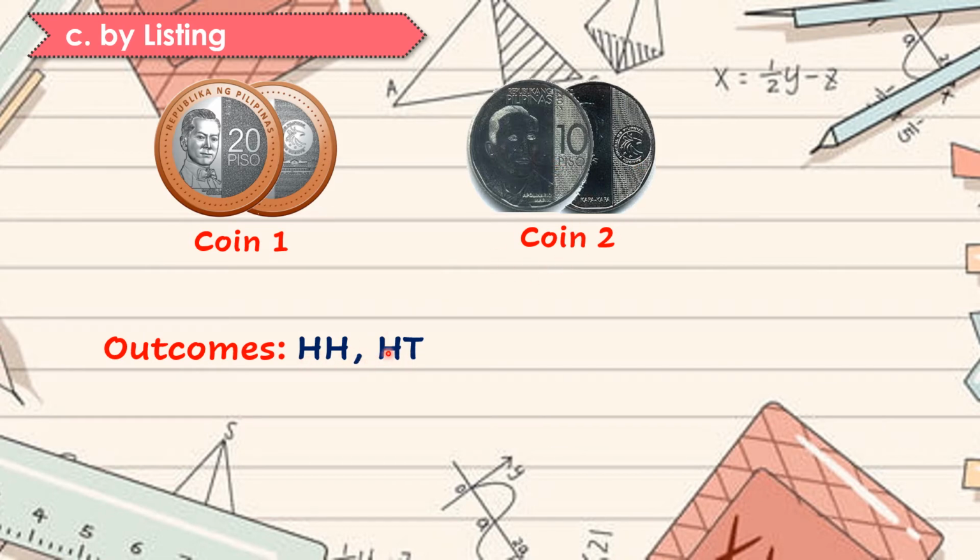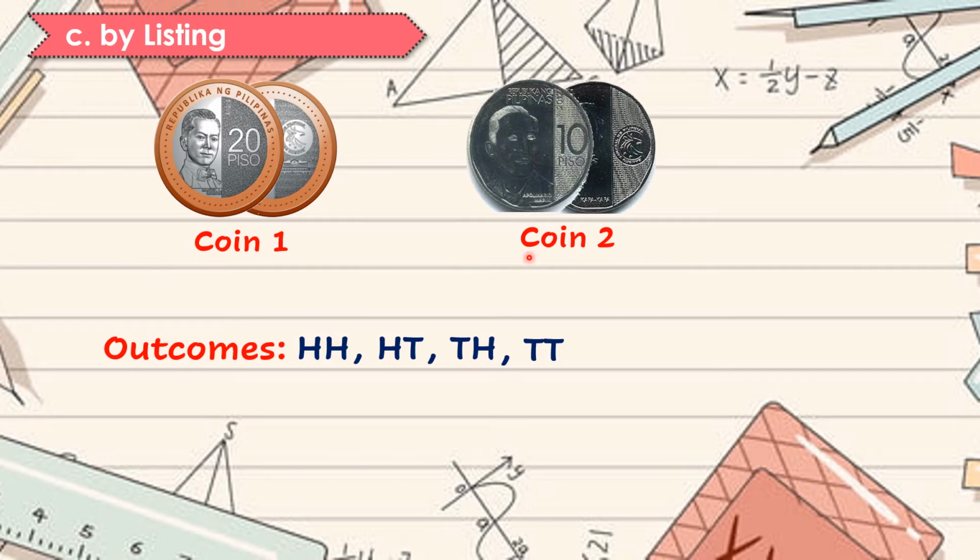Kaya head muna yung ating first coin. Ayan. And then, lahat ng possible outcome kay second coin na head and tail. Next naman, the second possible outcome kay coin 1 na tail. I-partner natin ito sa lahat ng possible outcome kay second coin.